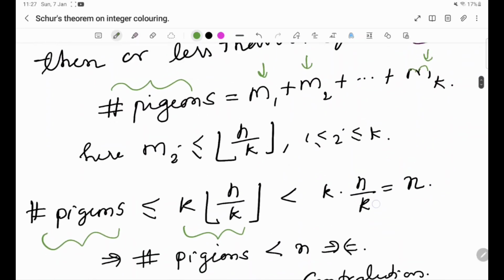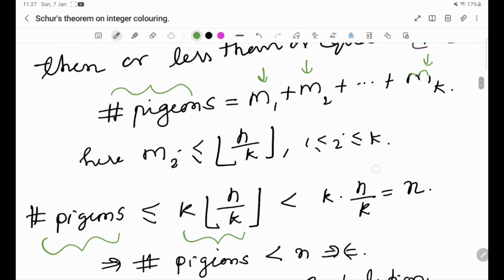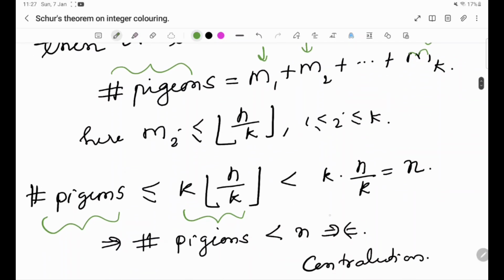So I can make an inequality, less than this. So that means the number of pigeons is less than n.